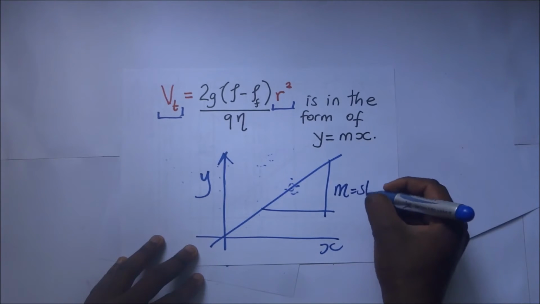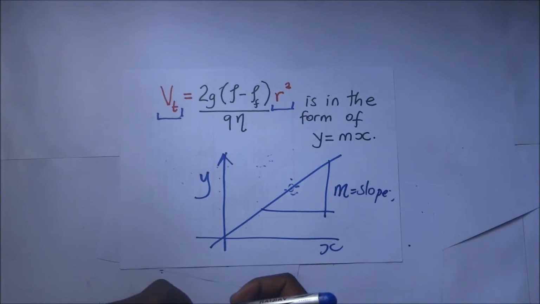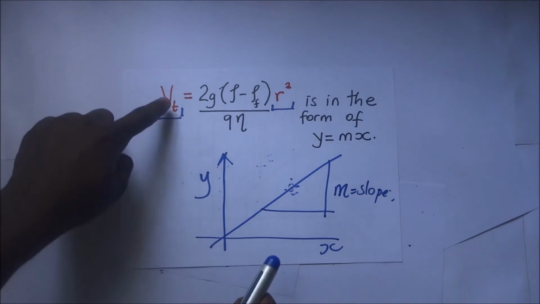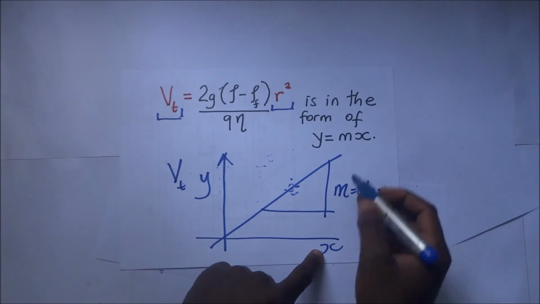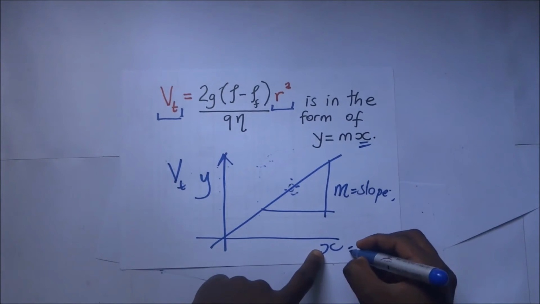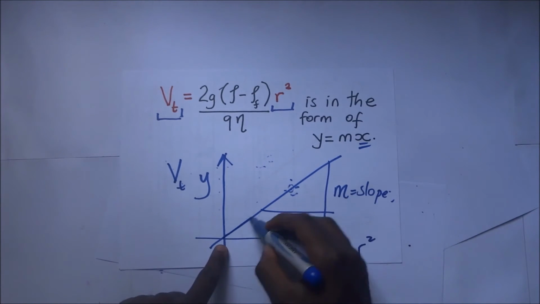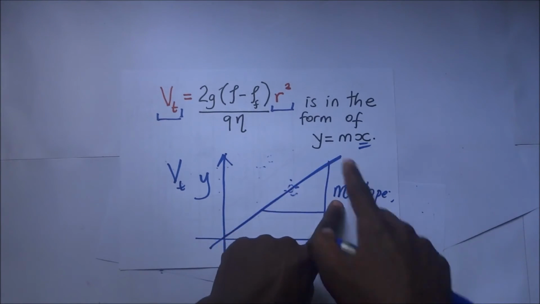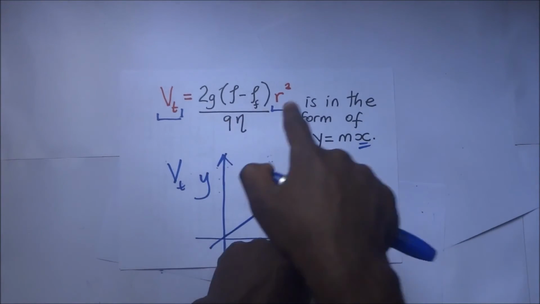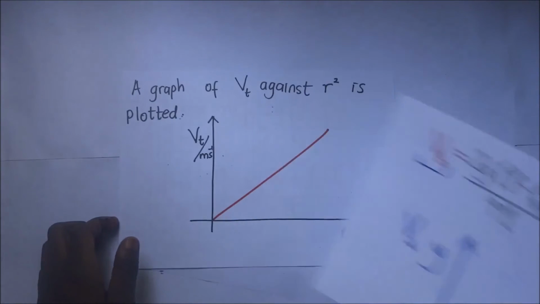M is the slope. Now y stands for Vt, the terminal velocity, and x stands for r squared. So if we draw a graph, the slope of that graph would be this expression in between, and that is exactly what we do.